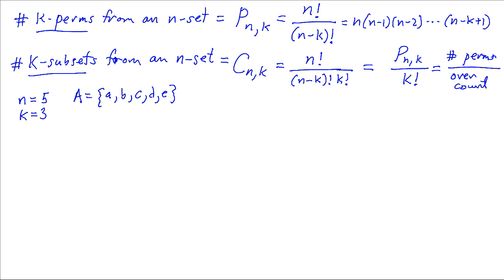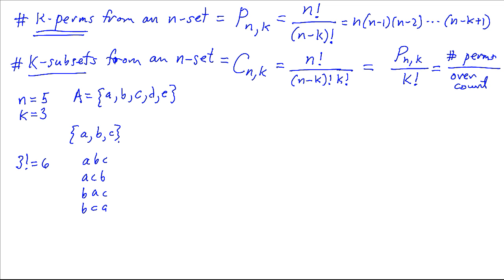And let's suppose I take one of those 3-element subsets. Here's one of them. And I want to ask myself, if I counted the number of permutations, how many would I get from that? I would get 6, because there's 3 factorial ways of rearranging these things. And I can write ABC, ACB, BAC, BCA, CAB, and CBA.